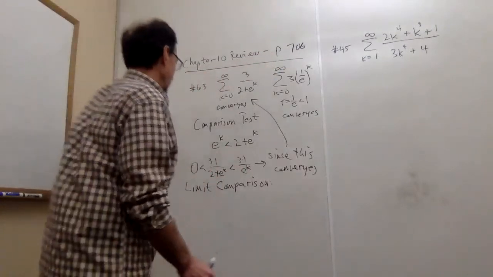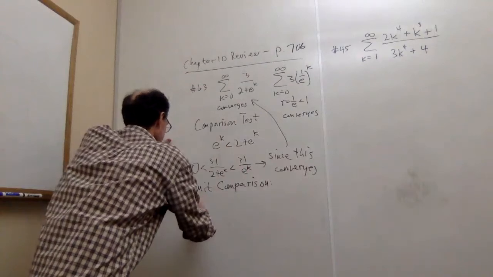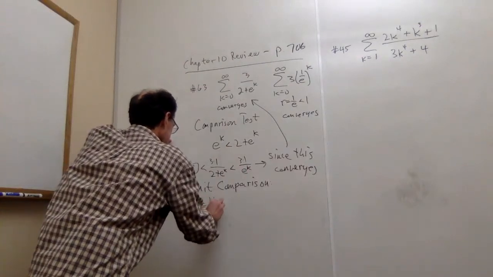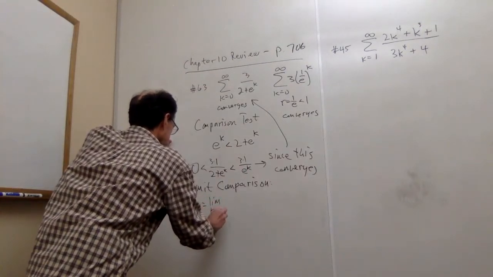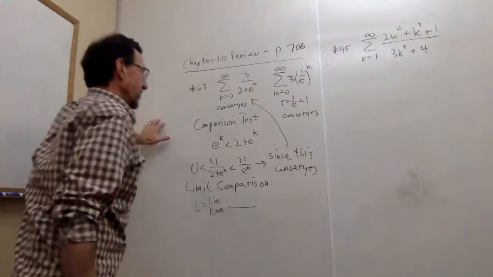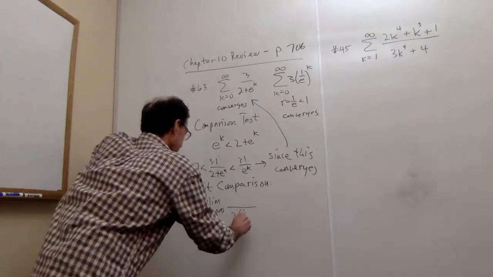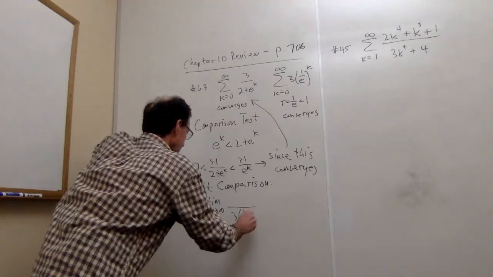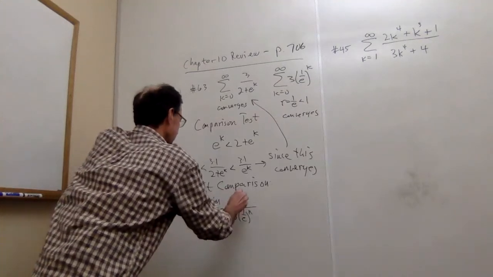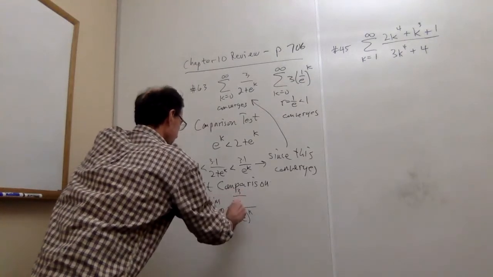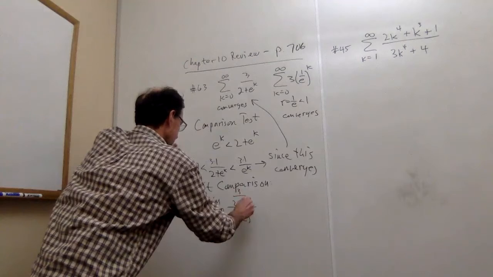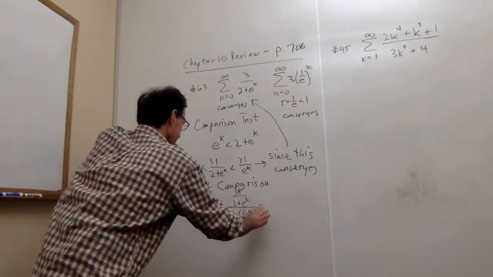I'm going to use the same one. We calculate the limit. The series we do know goes on the bottom, and the series we don't know goes on the top. Notice those 3's cancel right off the bat.